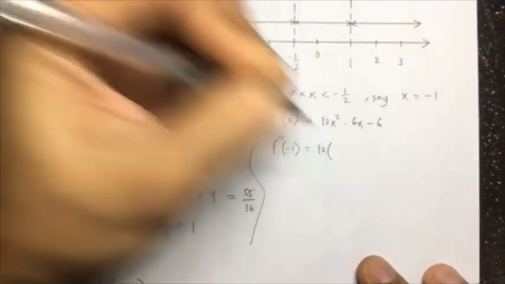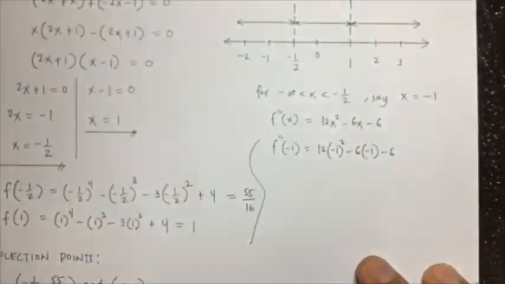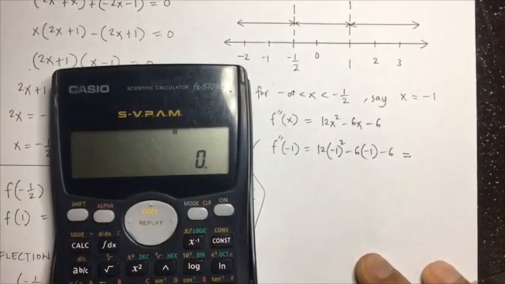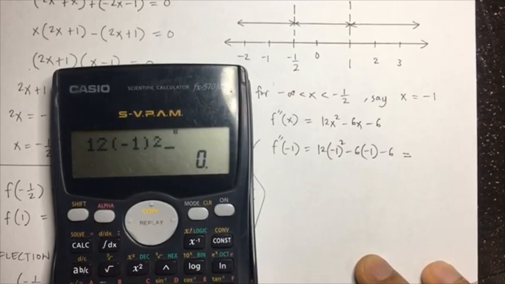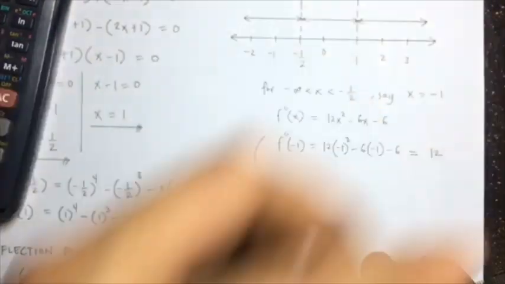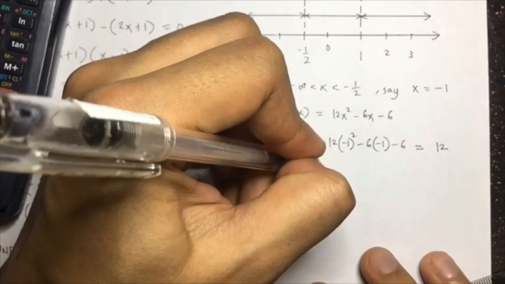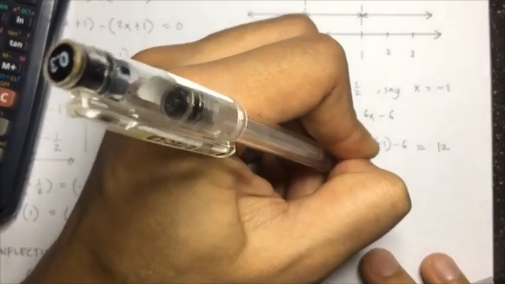So we will have 12 times negative 1 squared minus 6 times negative 1 minus 6. So that is positive 12. Okay, so since it's positive, therefore this is concave upwards.